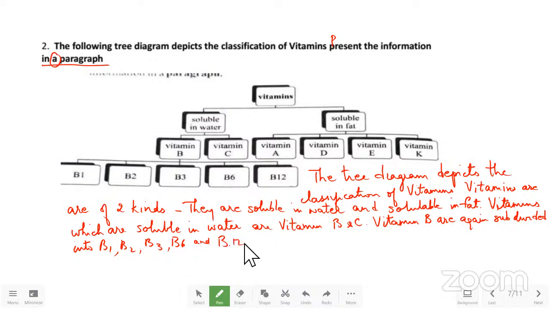When you write that soluble in fat of vitamin A and everything, don't write another paragraph, continue from that.